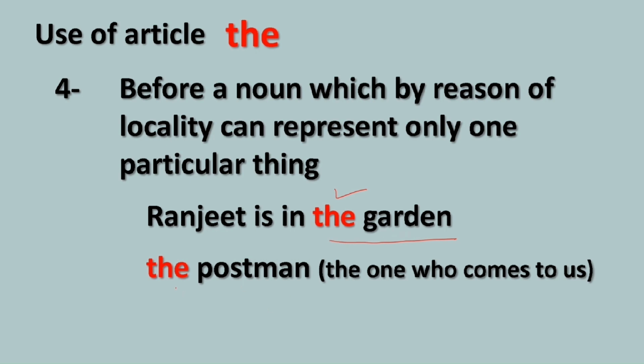Similarly, the postman. Here, the postman who comes to our house to deliver letters or to deliver parcel. That's why this postman has become a particular person, a particular thing you can say. That's why the article is used.